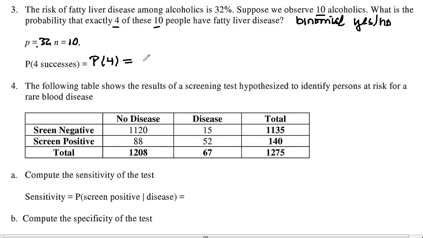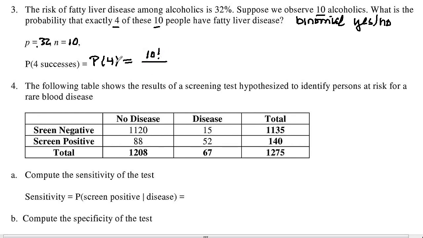And then remember what you do is you have to do combinations of 4 from 10. So the 10 factorial goes up on top.